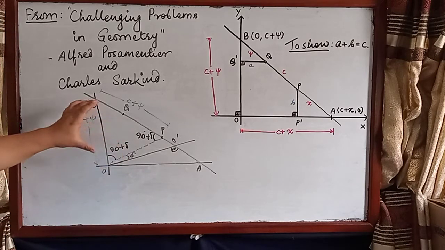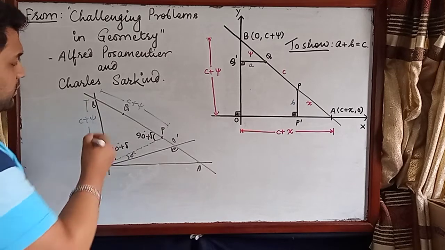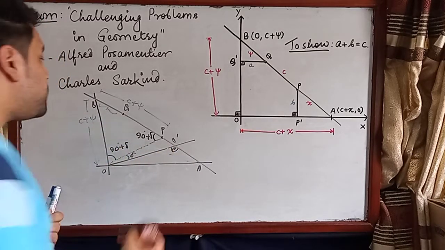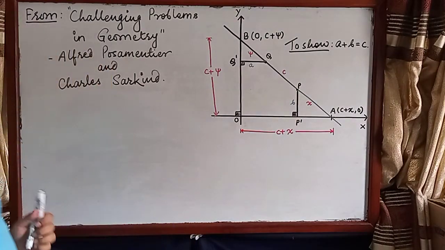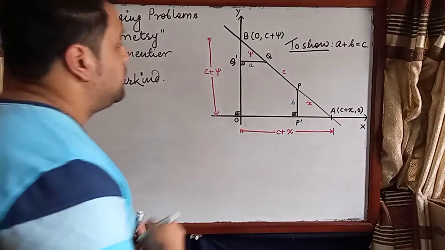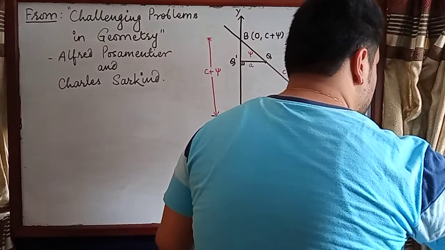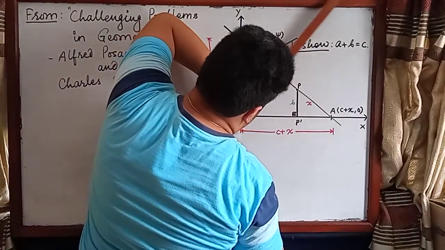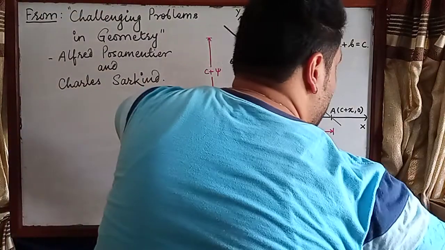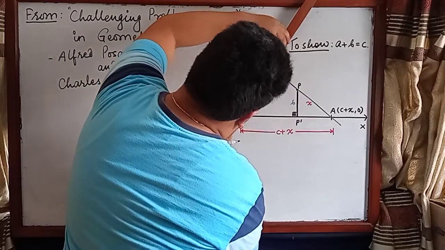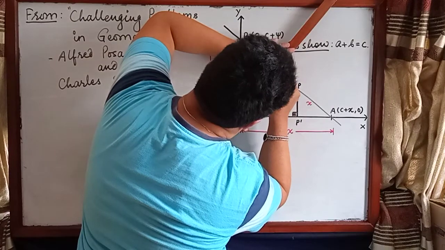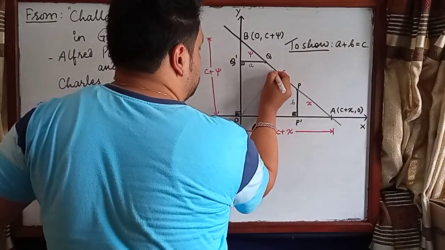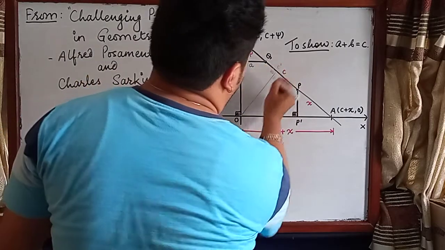And also the point O dash cannot be between B and Q, and A and P. So we're left with one possible case, which is that the perpendicular OO dash from O on AB must pass through a point between P and Q, like this. Let's call this O dash.